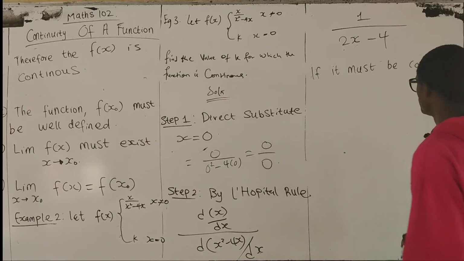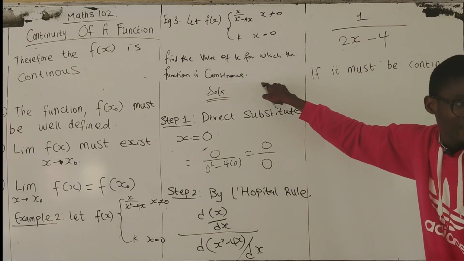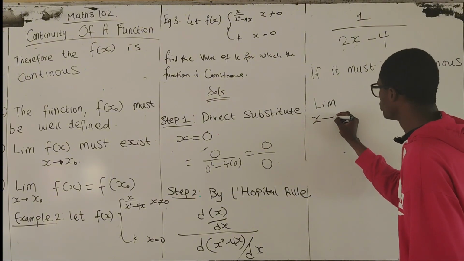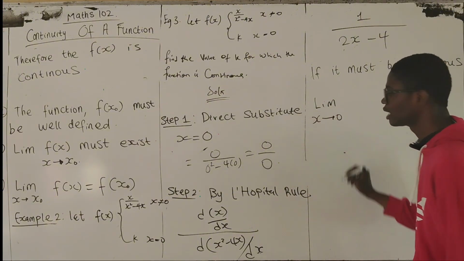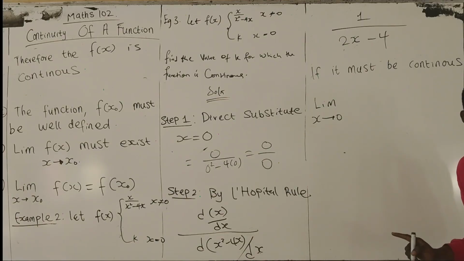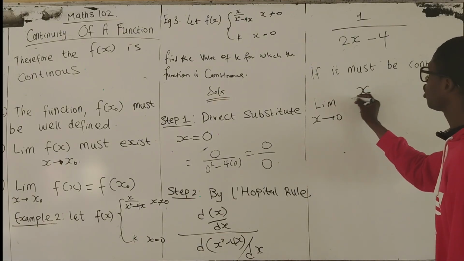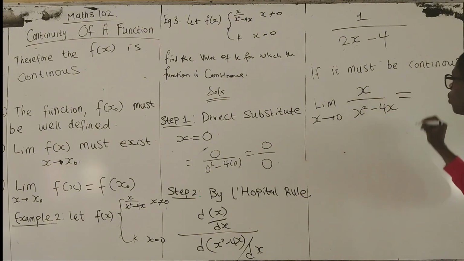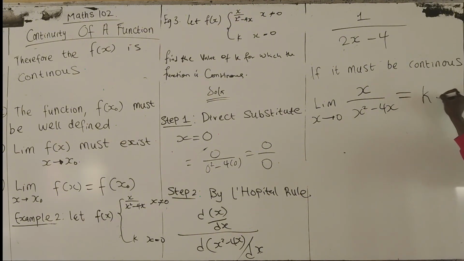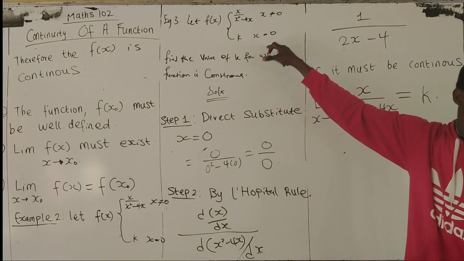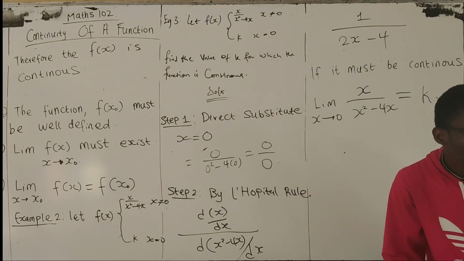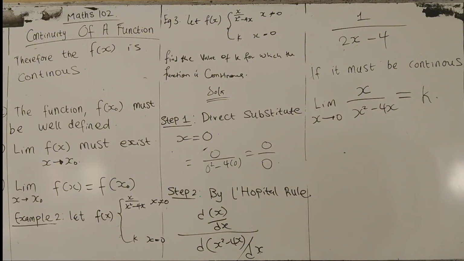For continuity, according to what they stated, it means that the limit as x approaches 0, since they say it's not equal to 0, of x all over x squared minus 4x must be equal to k. Because they say at k now, x is now equal to 0. After taking the limit, you can now direct substitute 0.